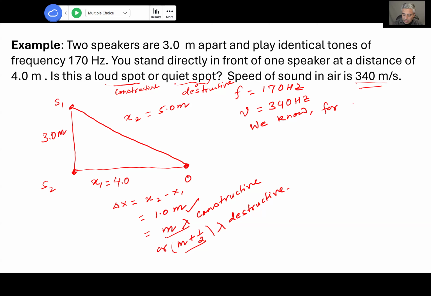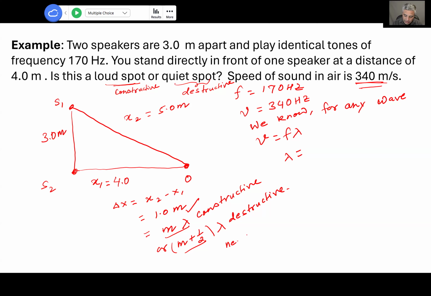For any wave, whether light or sound, v is f times lambda. If it is a light wave or any electromagnetic wave, we know this v is c, the speed of light, but we write v for sound or any speed other than the speed of light or electromagnetic waves.